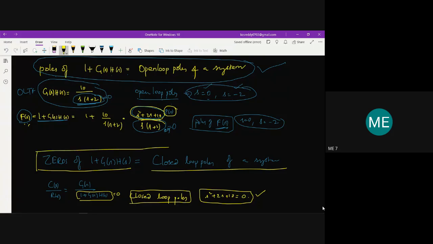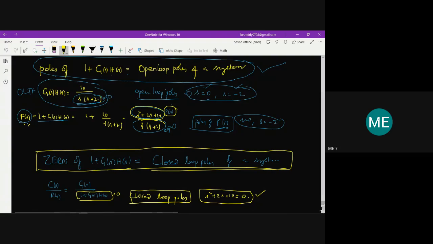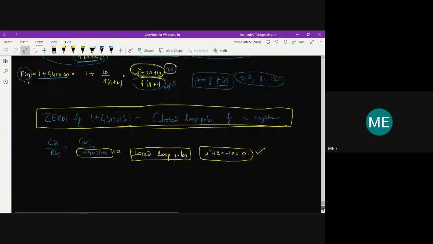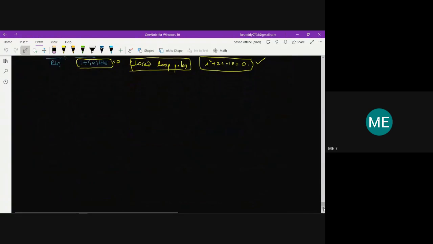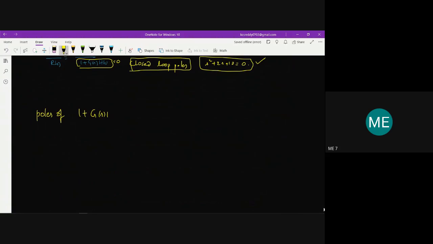So from the f of s function, we can conclude two points from the above. One is that the poles of 1 plus g of s into h of s are equal to the open loop poles of the given system.